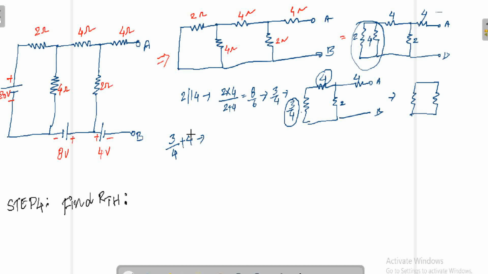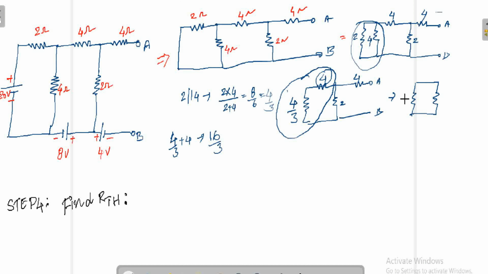So 4 by 3 plus 4, that is 4 by 3 in series with 4: 4 threes are 12, 12 plus 4 is 16, so 16 by 3. So you can replace these two resistors with a single resistor, that is 16 by 3.